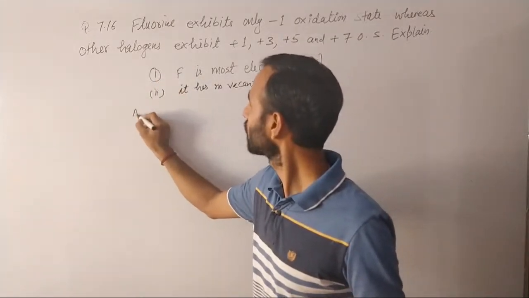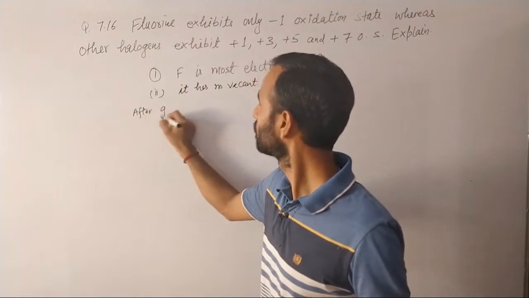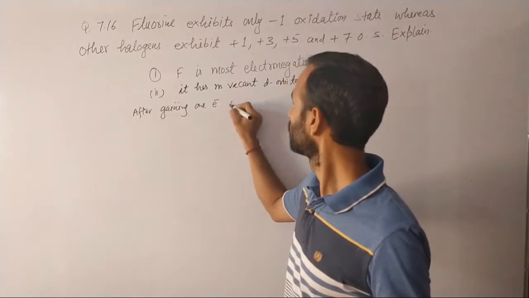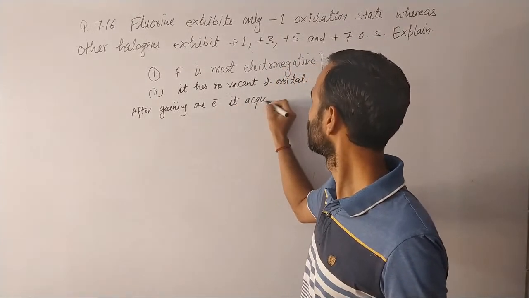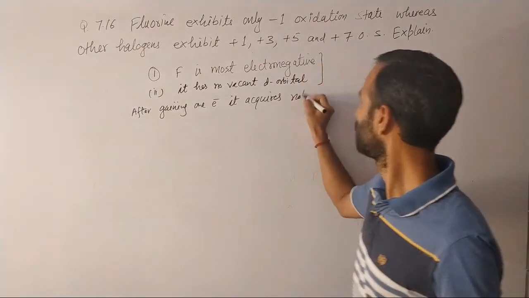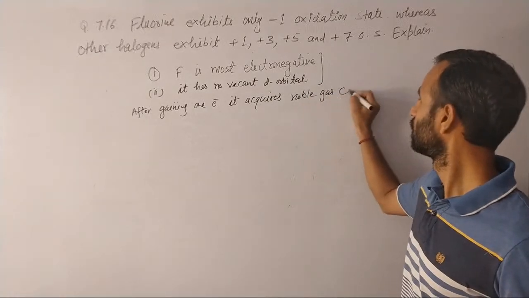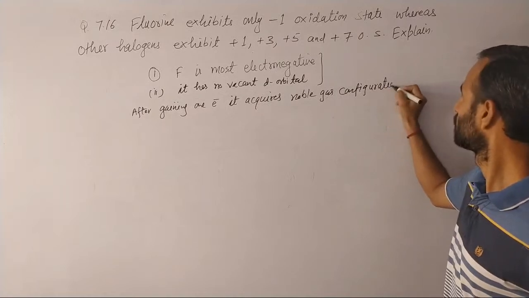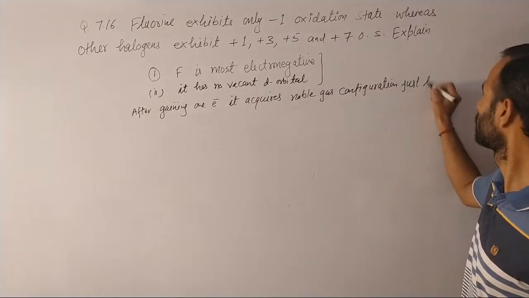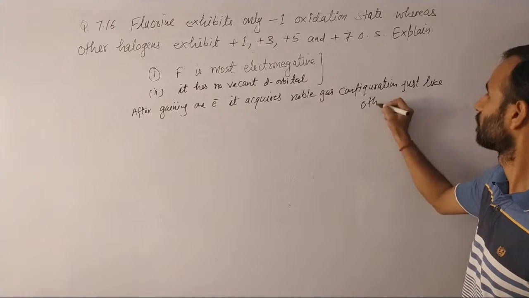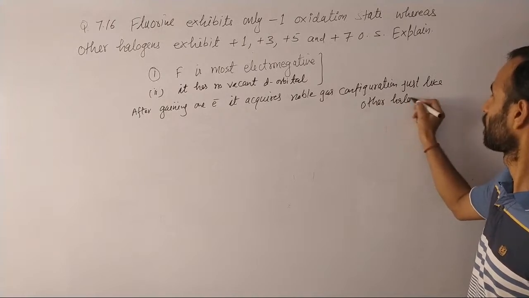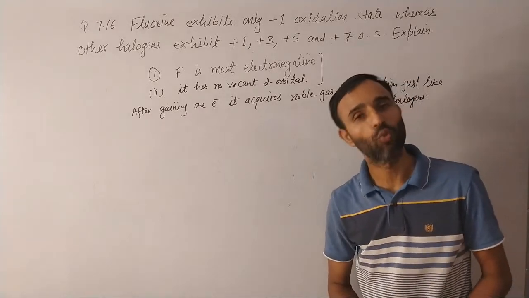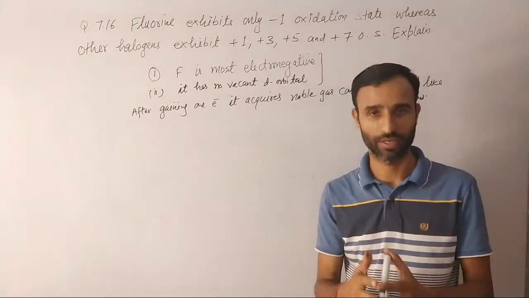And after gaining one electron, it acquires noble gas configuration, just like other halogens. So that's why it exhibits -1 oxidation state only.